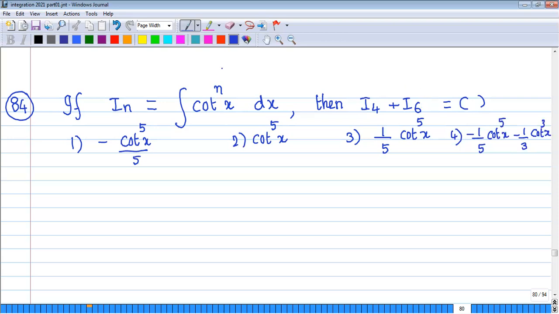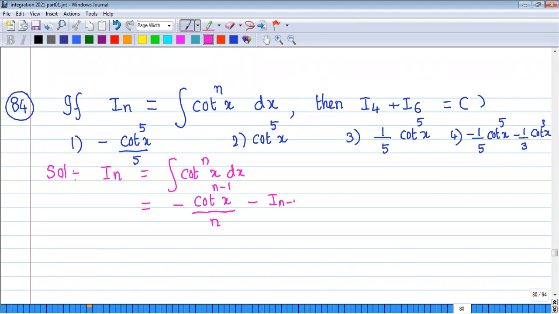First find I6. First write down the reduction formula for cot x to the power of n. So we have I_n is equal to the integral of cot x to the power of n dx, equals minus cot x to the power of n minus 1 upon n minus 1, minus I_n minus 2. This is the reduction formula for cot. Now put n is equal to 6.